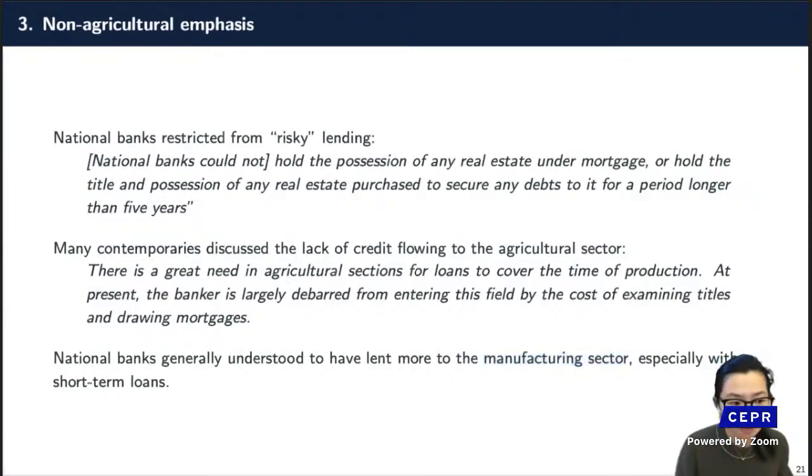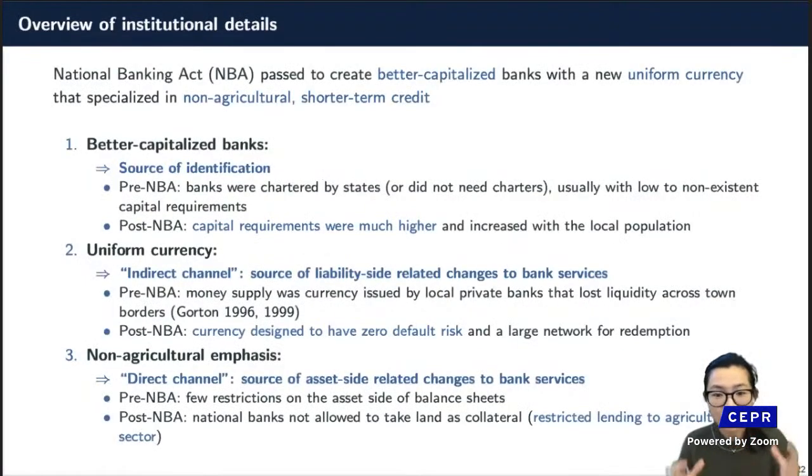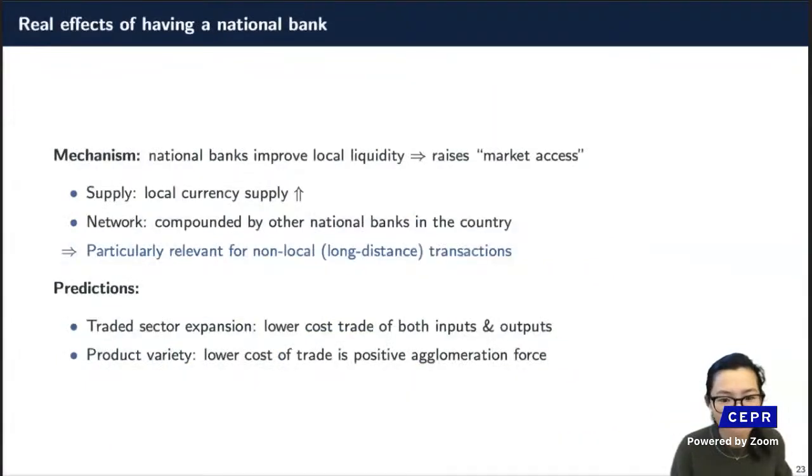Okay, all right. So to recap on this overview of the institutional details, we have these 3 characteristics that we're then going to lean on for the rest of the presentation. Okay, so the mechanism that we have in mind for the real effect of gaining a national bank for the first time is essentially this improvement in local liquidity that is going to raise a local economy's market access.